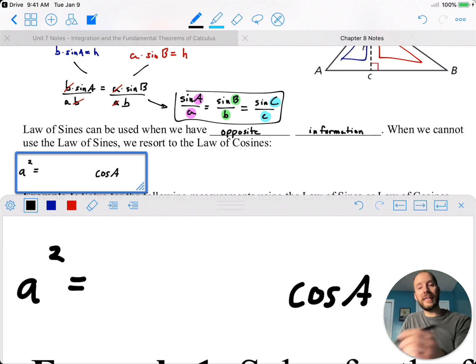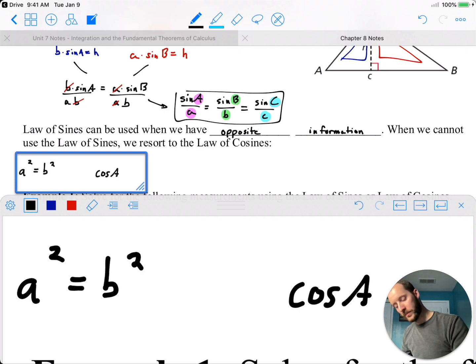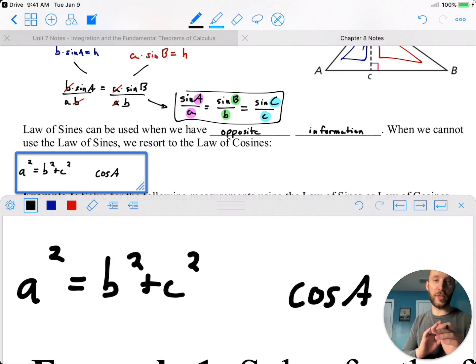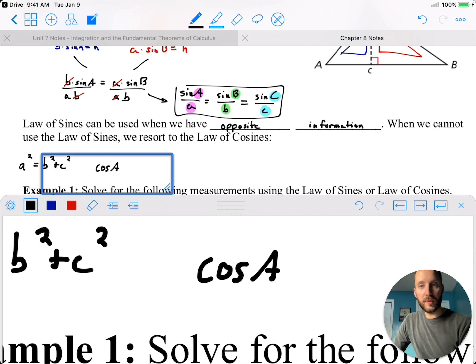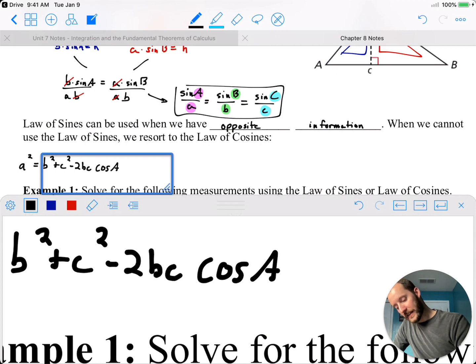A squared equals a Pythagorean theorem looking thing: b squared plus c squared. Now it's not the Pythagorean theorem, I said a Pythagorean theorem looking kind of thing. Then minus 2 of those letters, b and c, times cosine A.